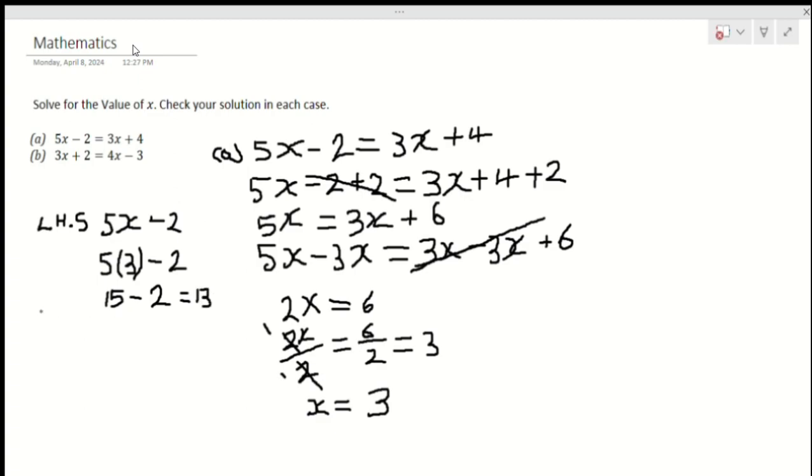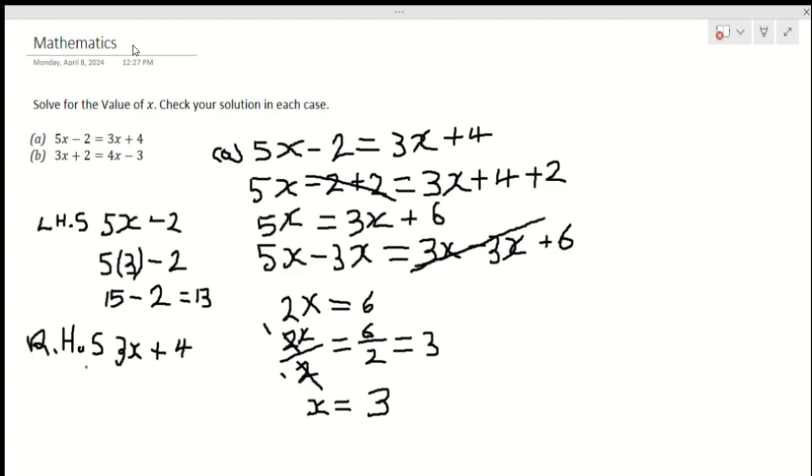Now let's do the right hand side. That would be 3x plus 4, sorry.